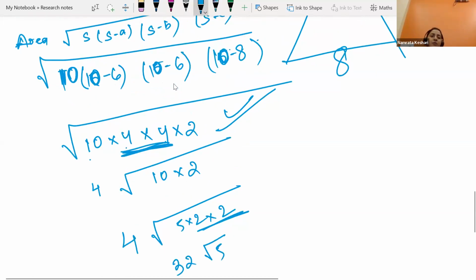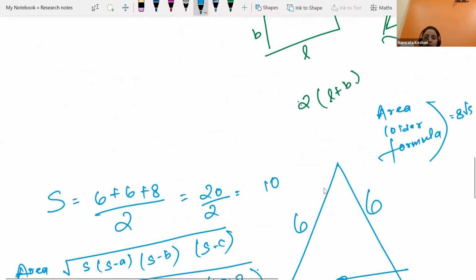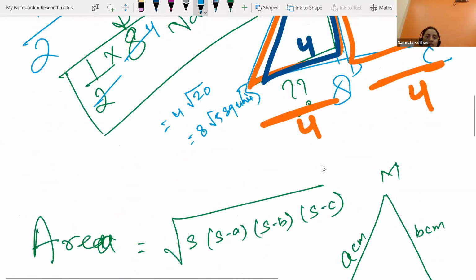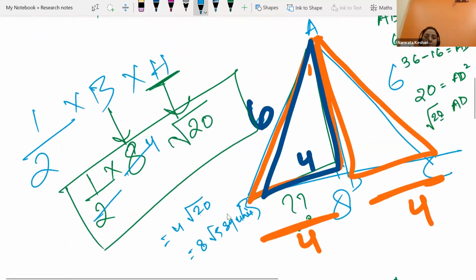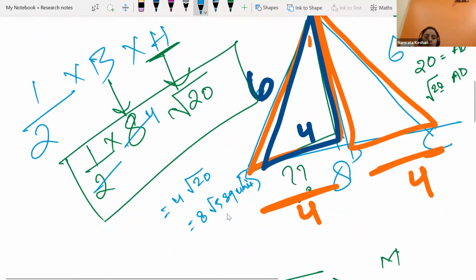32 root 5, let me check, am I missing anything? Because that time we got 8 root 5, right?